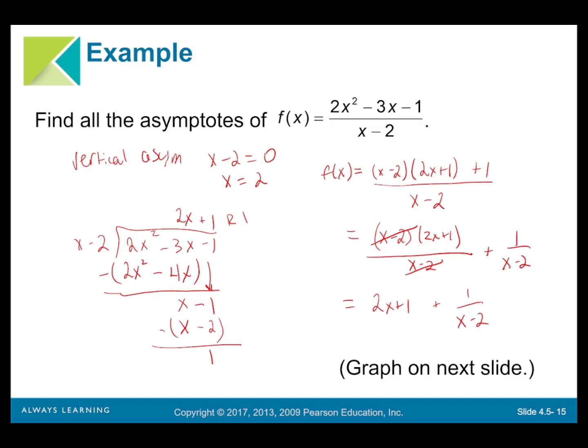1 over x minus 2 is actually a function that goes to 0. That's our asymptote where I have a larger degree in the denominator than the numerator, so I know that goes to 0, which means that term is gone, and I'm left with this 2x plus 1 business.